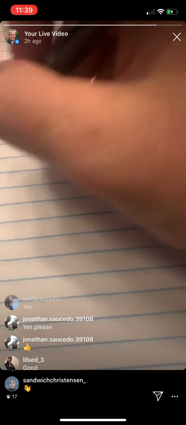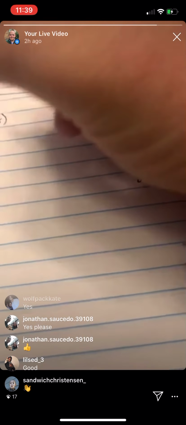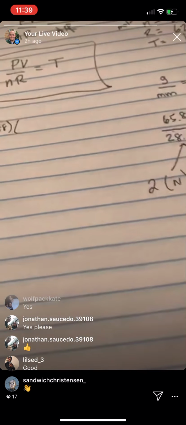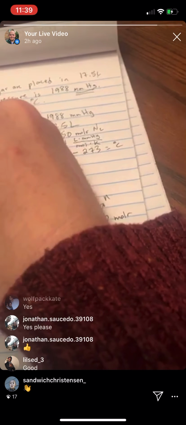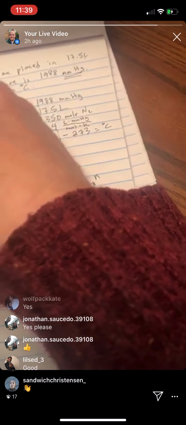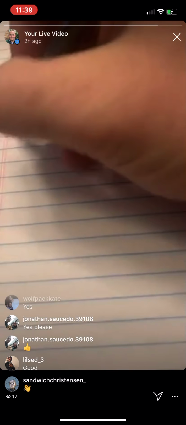So we have our pressure is 1988. Our volume is 17.5 divided by our N value, which is 2.350.